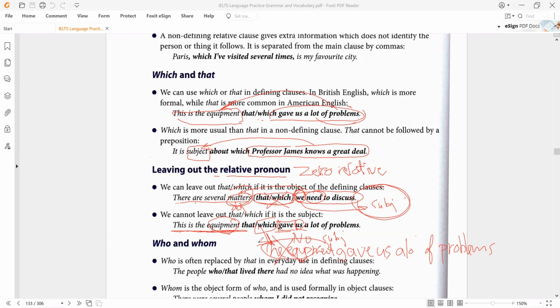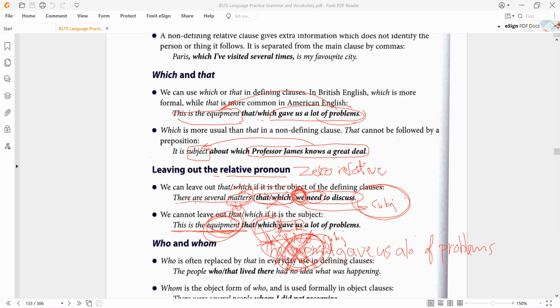فبهذا الشكل I cannot delete which. لا نستطيع نحذف which. أما في الجملة التي قبلها there are several matters ثم عندنا فاعل ثاني مش matters. عندنا we هنا we اللي هو يختلف عن matters. أما في الجملة التي بعدها equipment هنا و-equipment هنا فلازم نحذف واحدة منهم. equipment واحدة منهم تمشي تجي في محلها which. إجباري obligatory mandatory.